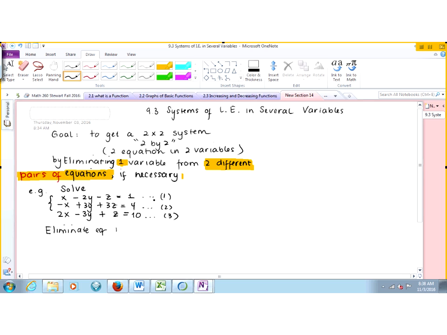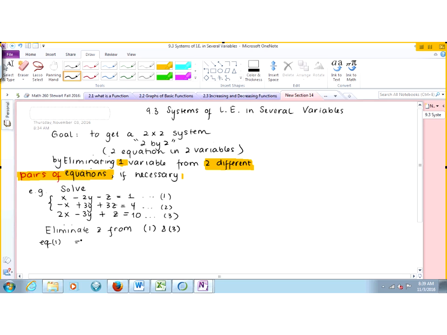Well, you have to eliminate one variable. So which one do you choose? Eliminate z. You can eliminate x or eliminate y or eliminate z. It doesn't matter. Z from which one?